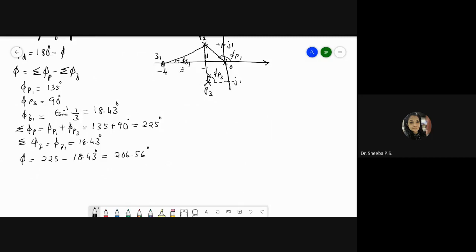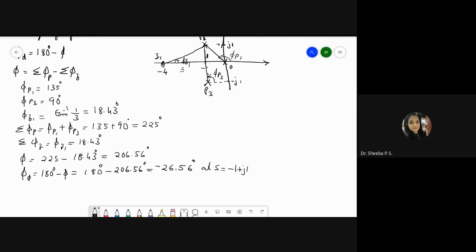Now you have phi. The angle of departure phi d is 180 degrees minus phi, that is 180 degrees minus 206.56 degrees, which gives minus 26.56 degrees. We are finding this with respect to the pole s equal to minus 1 plus j1.